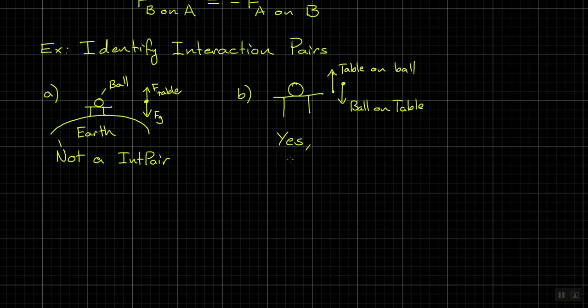If we wanted to write this, force of ball on table is one of those forces, and it is equal in magnitude but opposite in direction to the force of the what? The table on the ball, sorry. We have to be able to switch these back and forth to be able to clearly identify our interaction pair.